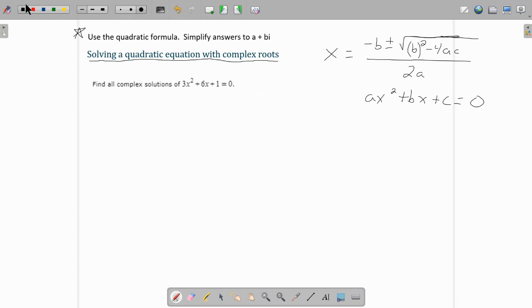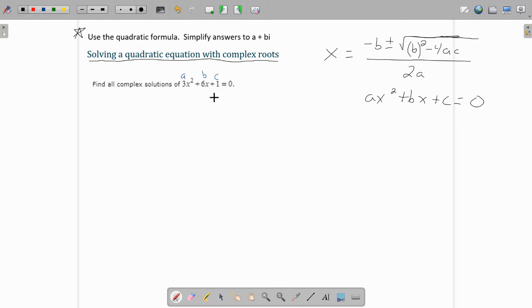All right. So we have our a here, we have our b here, and we have our c here. And if we try AC method, this won't factor nice because we get complex roots. You're going to always have to use this. There are some other methods out there, but this is the one they're using. This is probably the easiest.